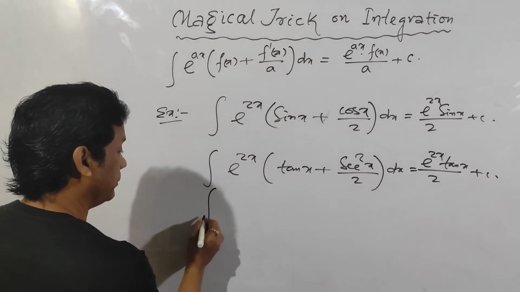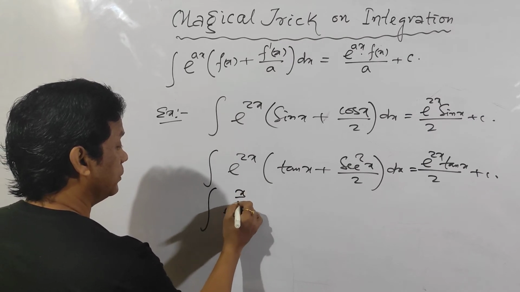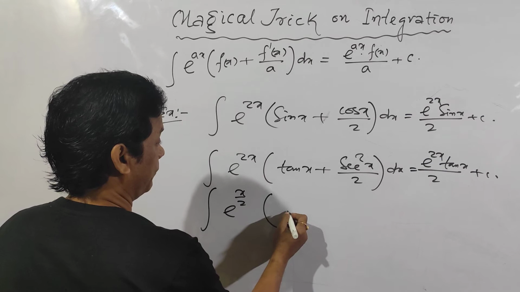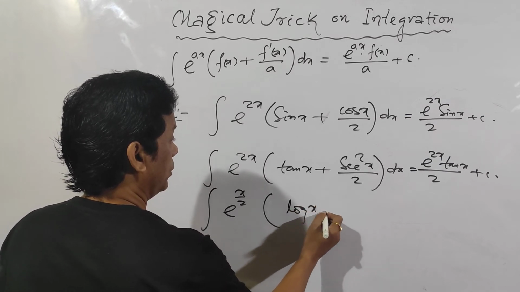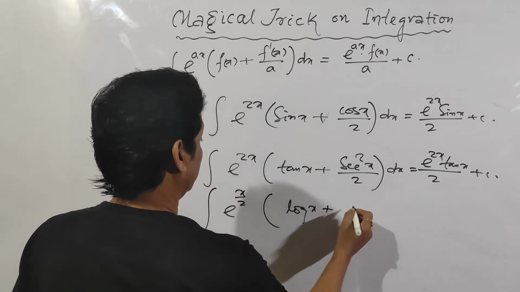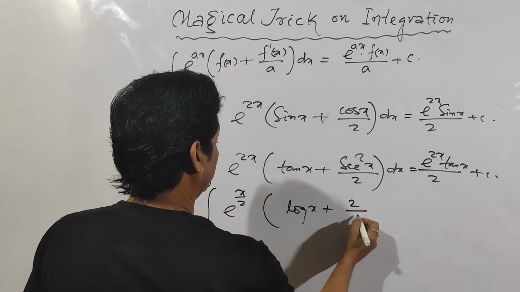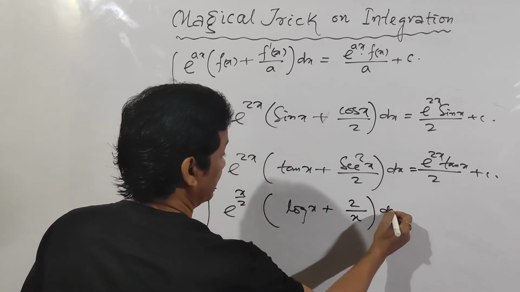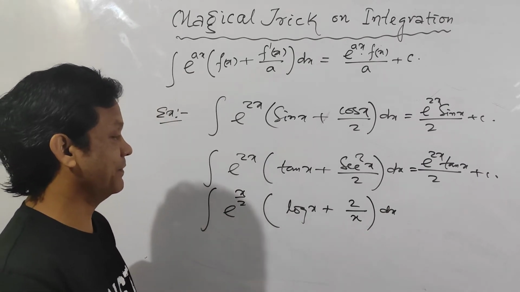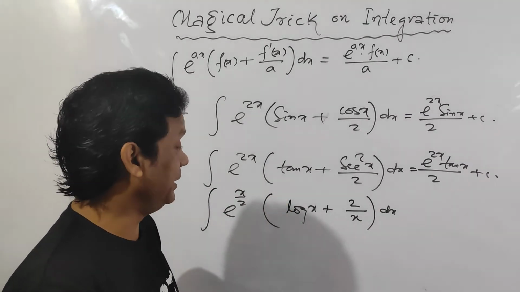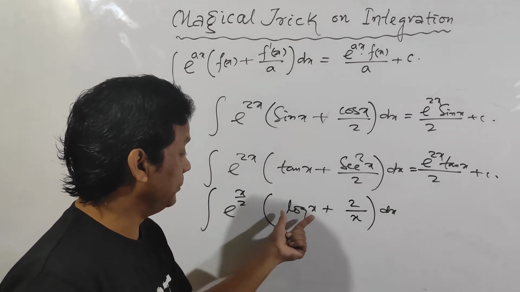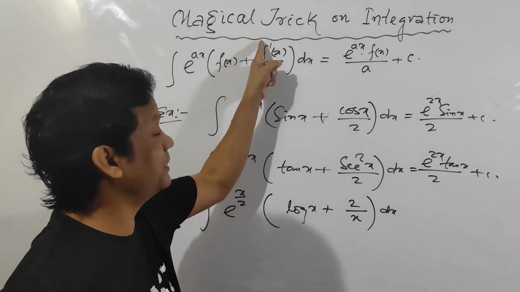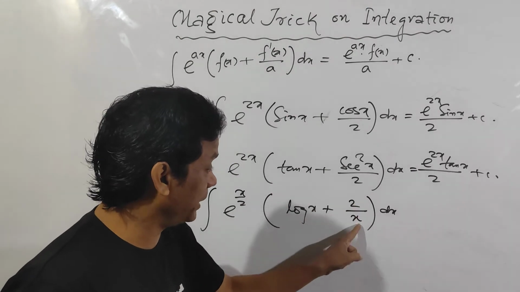Clear? Another example I am giving you, e to the power x by 2 into log x plus 2 by x into dx. Clear? So let us see here. The derivative of log x is 1 by x.